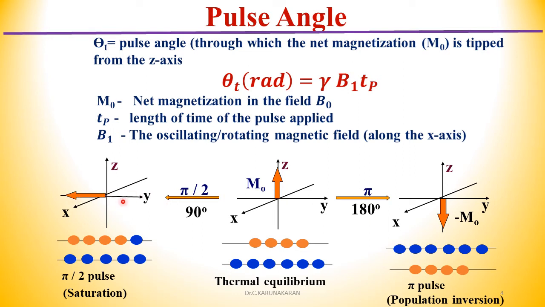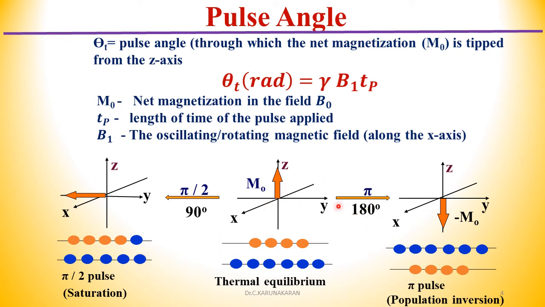This is plus y-axis. Therefore, the two levels are equally populated. When you apply the 90-degree pulse, the two energy states are equally populated. They are saturated.